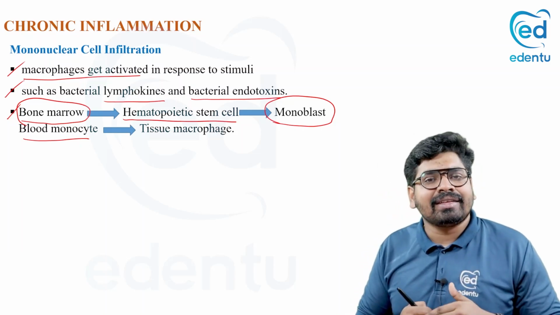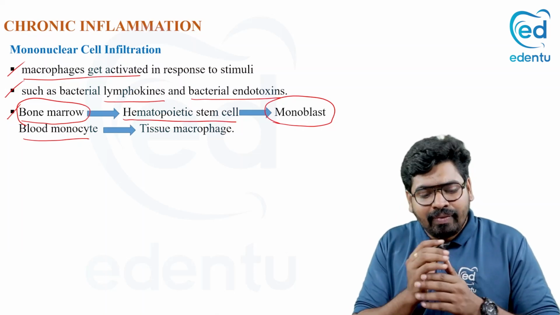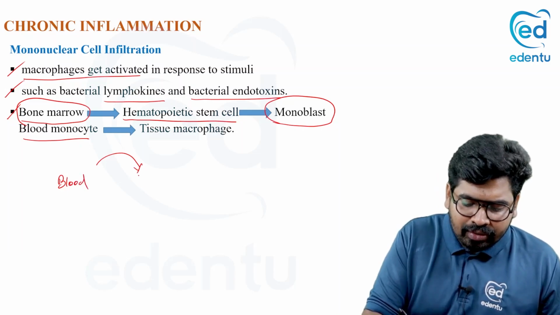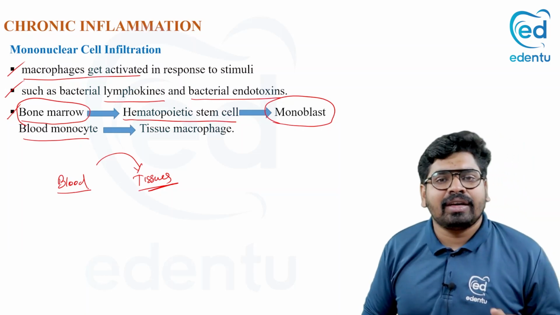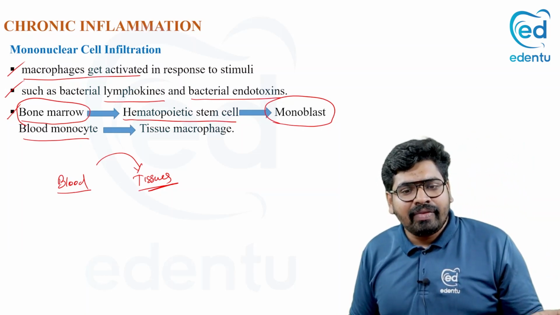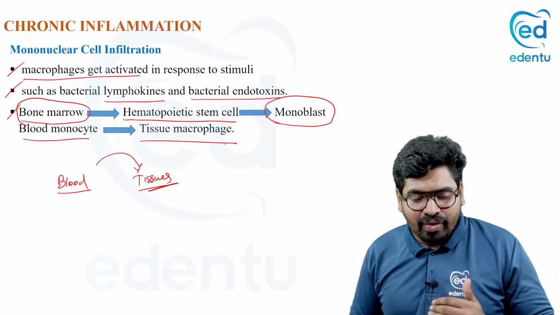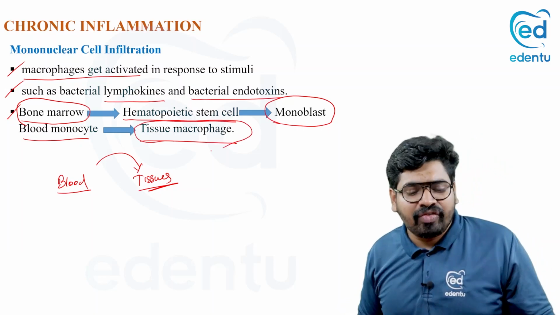Now whenever there is an infection or inflammation, the monocyte in the blood will go to the tissues, and they make a tissue macrophage. The defense cells in the tissue are called tissue macrophages.